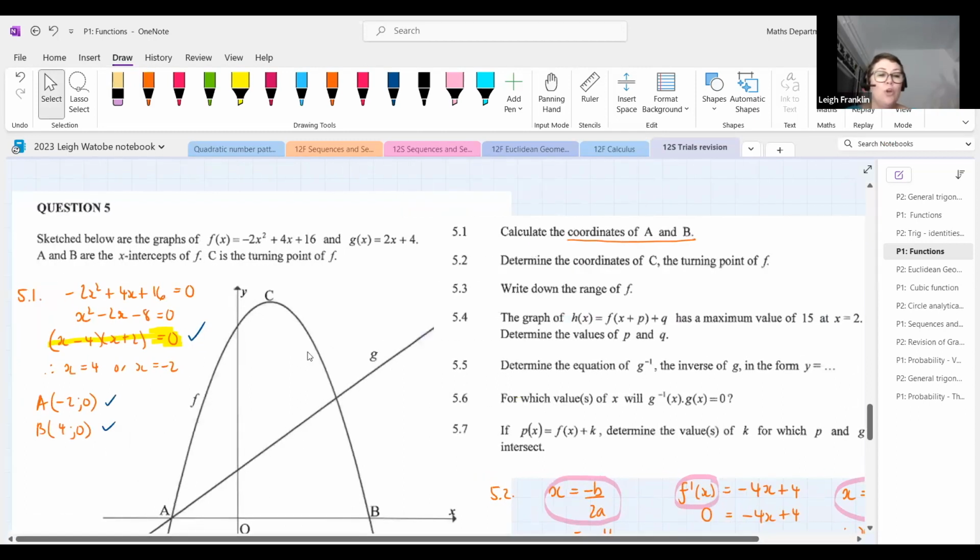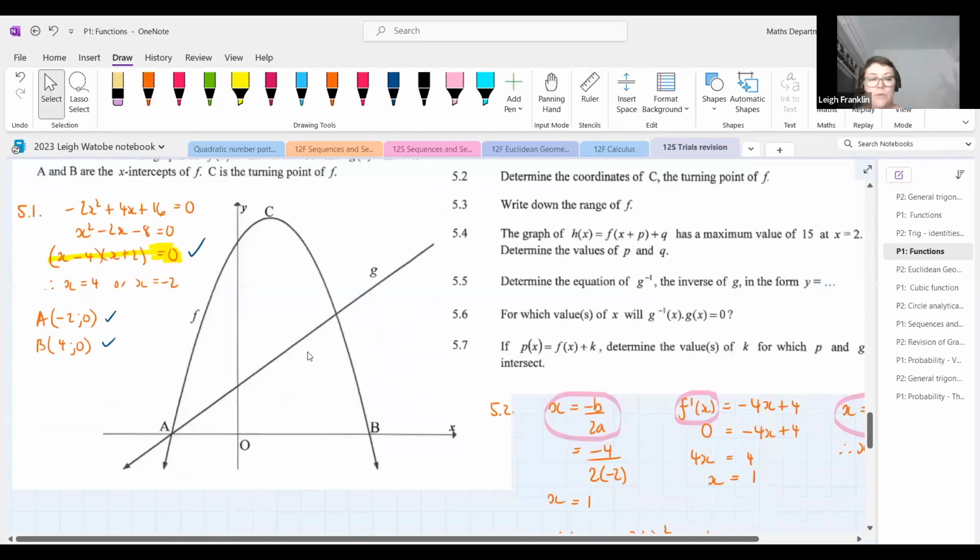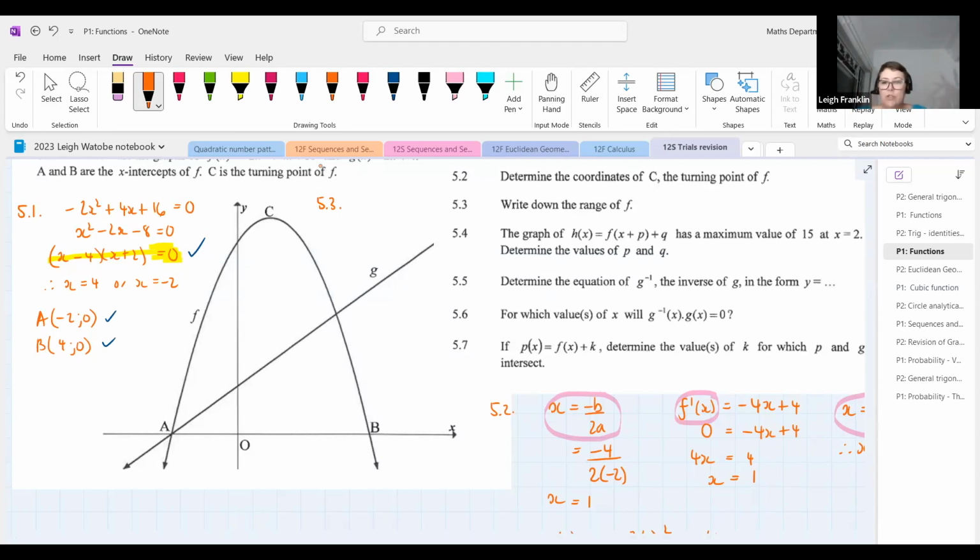The range of f. What is the range of f? That's it. Okay, Nkaniza, you've sent me an answer. I'm just looking at 5.3.